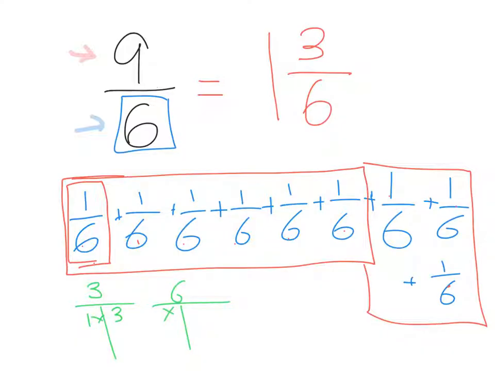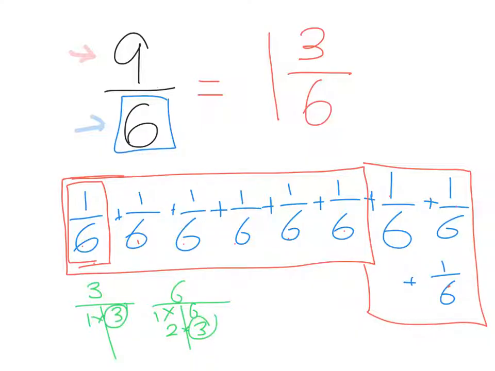What times what equals 6? 1 times 6, and 2 times 3. Anything else? 4 doesn't work. 5 doesn't work. 6 is already there. So that's it. What is the biggest number that they have in common? The biggest shared factor? 3.